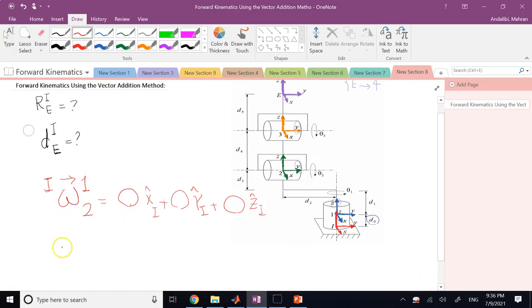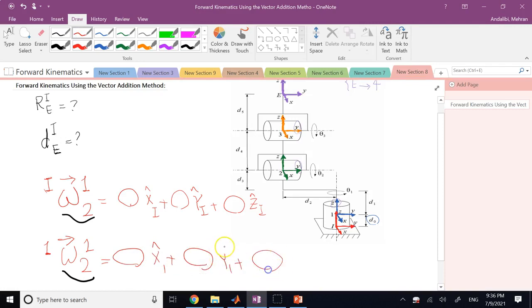Or, for example, this very same thing, you can write it about frame 1. What does this mean? It means whatever this entity is here, this omega of 2 with respect to 1, is just a vector, correct? Whatever it is, I'm going to write it as so many units times x of 1 plus so many units times y of 1 plus so many units times z of 1.